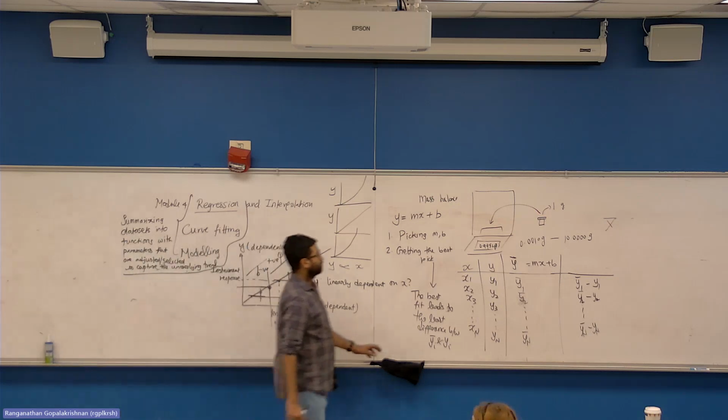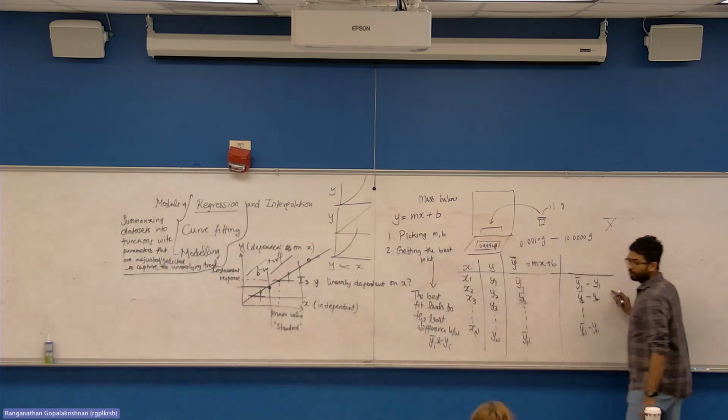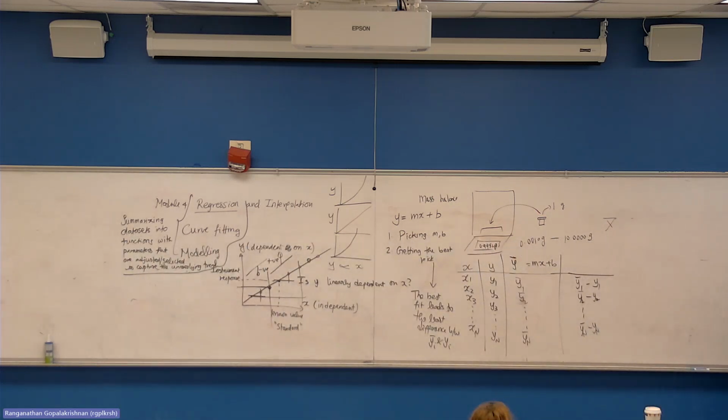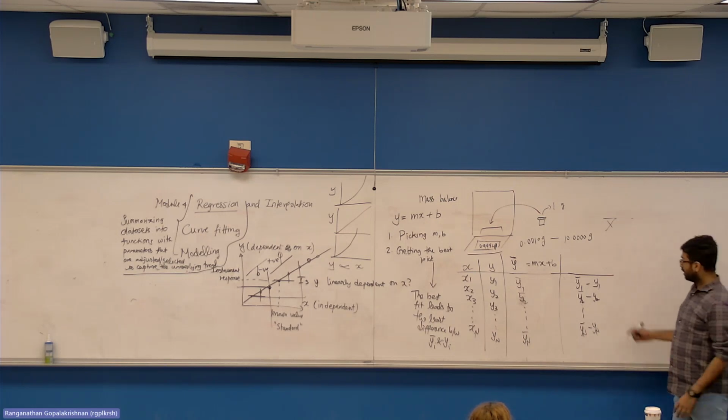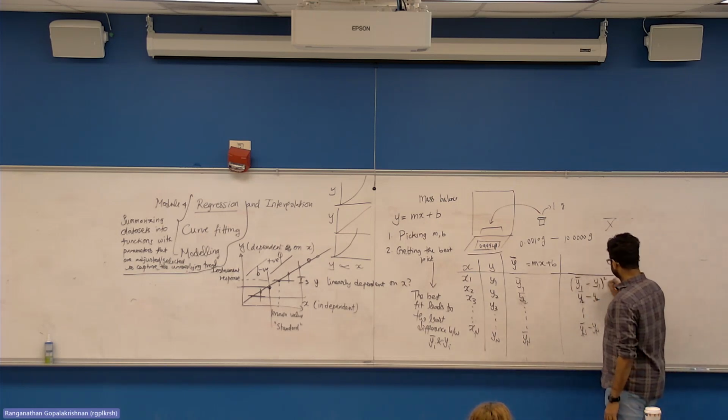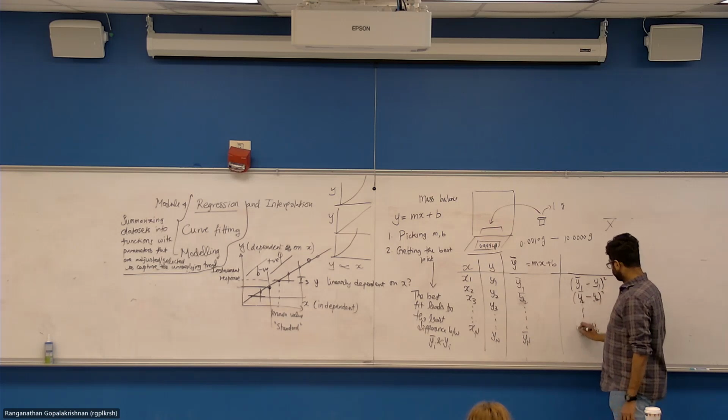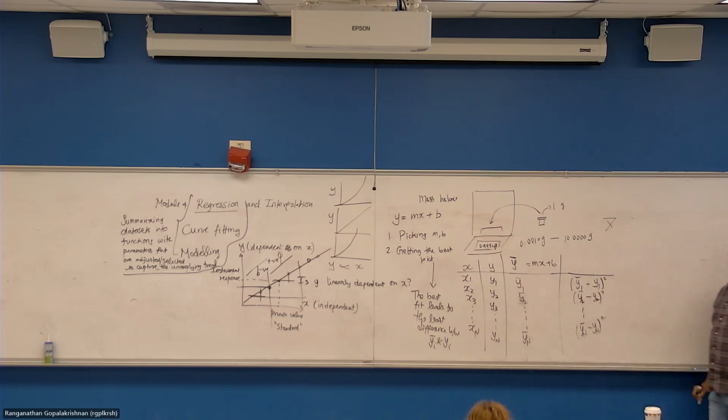Okay. So if something can be both negative and positive, how do you get rid of the sign? Absolute value is one way of doing it. We can also square it and add it. You can square it and add it, right?